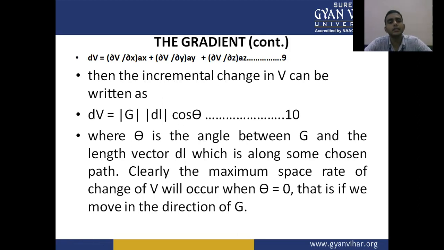Then the incremental change in V can be written as dV equals mod of G into mod of dl cos theta. This is equation number 10, where theta is the angle between G and the length vector dl.